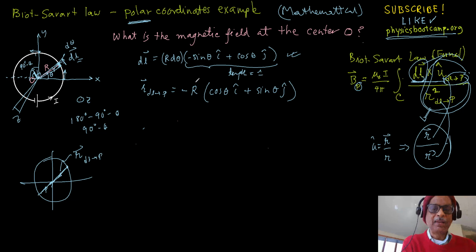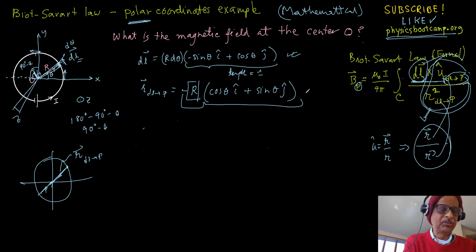So this is the magnitude of this R, and with the minus, this is the direction. The way I did it is, I said from here to here, that will be just this guy's direction, and so flip it, put a minus sign out there. So that's what I did.